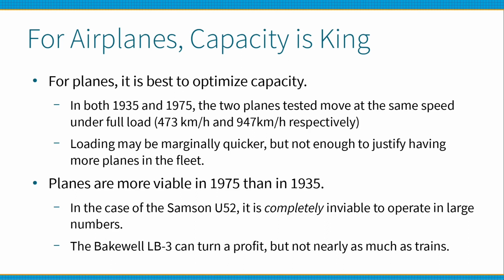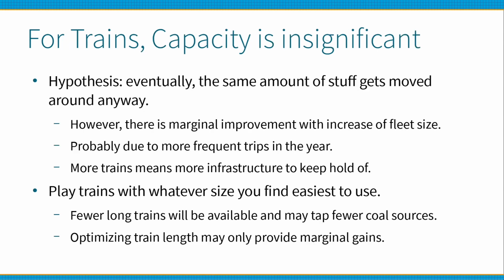And that means that the Bakewell LB3, which is the capacity optimized plane in 1935, even though you can turn a profit, it's still not nearly as much as trains, and so trains are definitely the way to go in 1935.